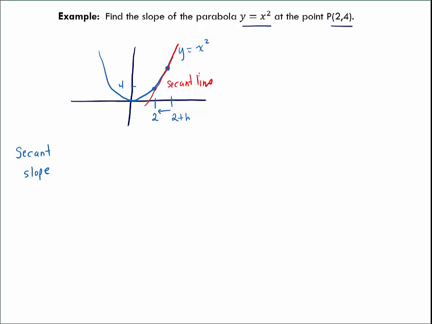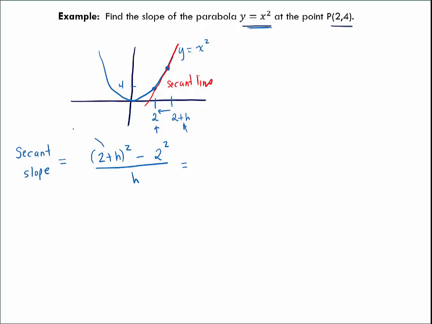And we already said we know how to find the slope of the secant line. So I'm going to take my function here. My x is going to be my 2 plus h, and it's squared, minus my second point, which is 2, and it's squared, all over h.